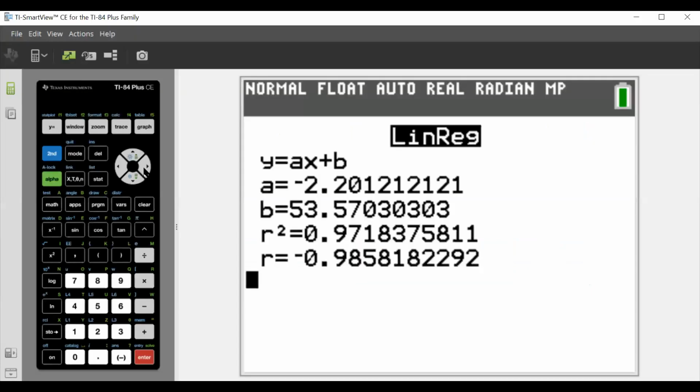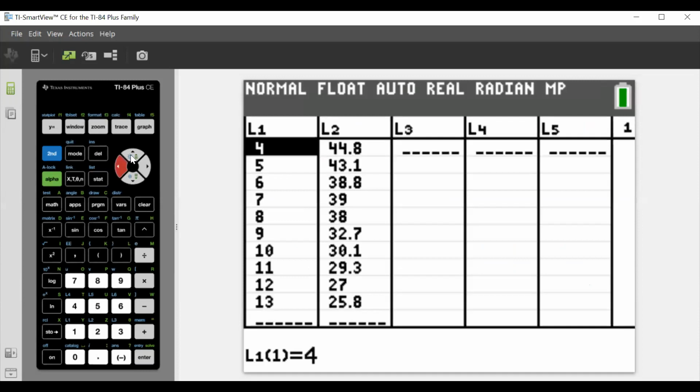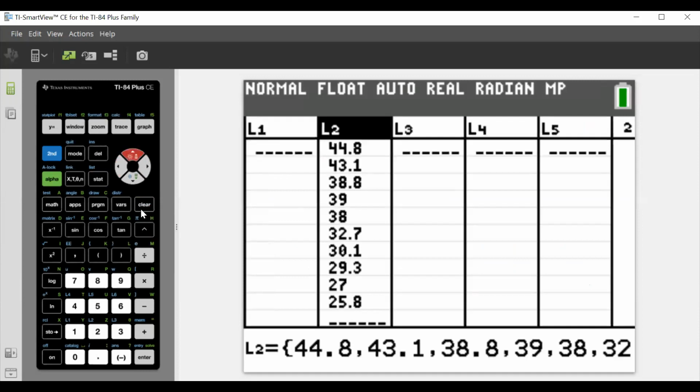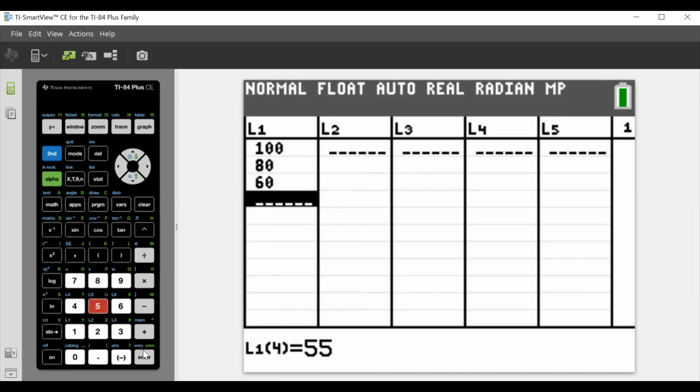Okay. All right, so let's go back to stat. We're going to edit. Now we're going to clear that data. We're going to clear that data. And so this one we have 100, 80, 60, 55, 40, and 20.